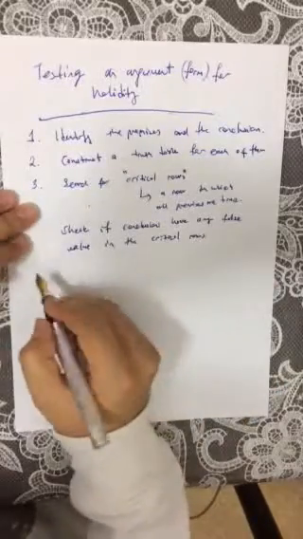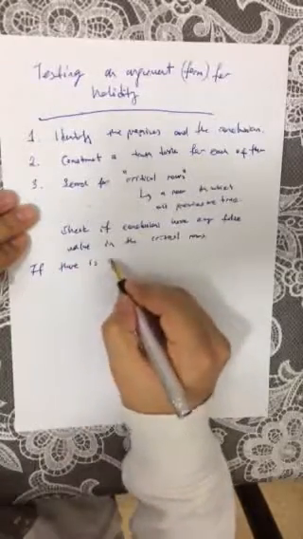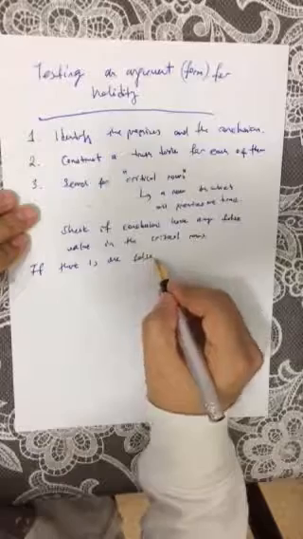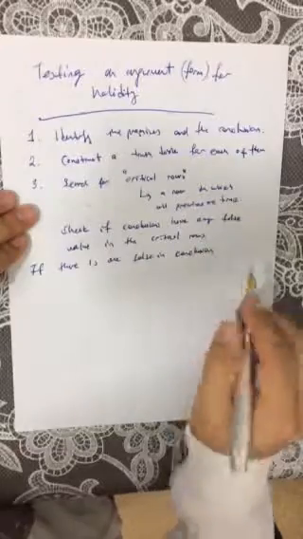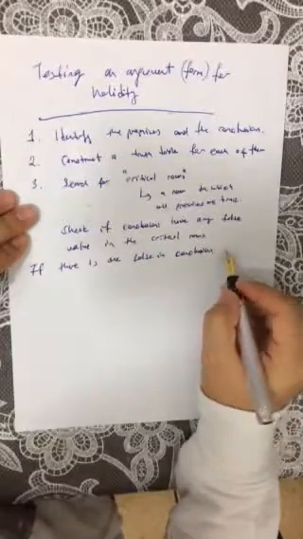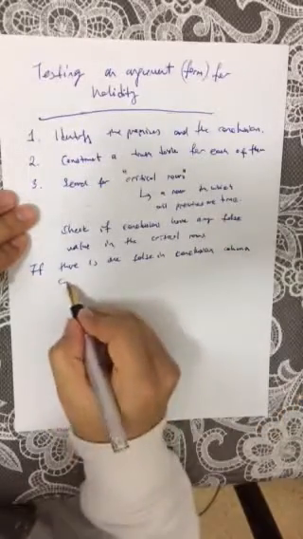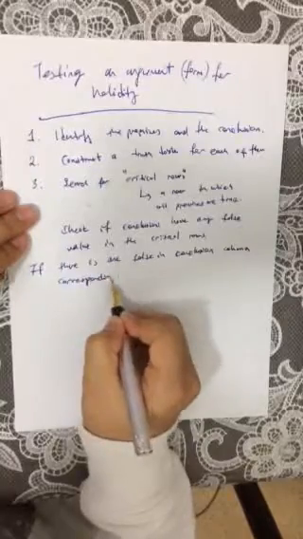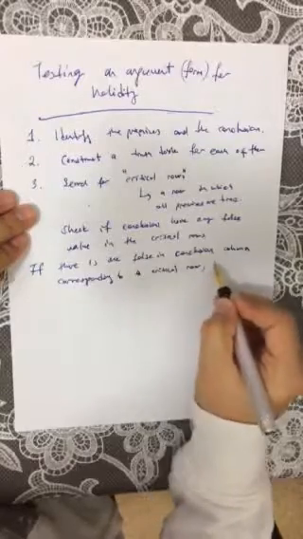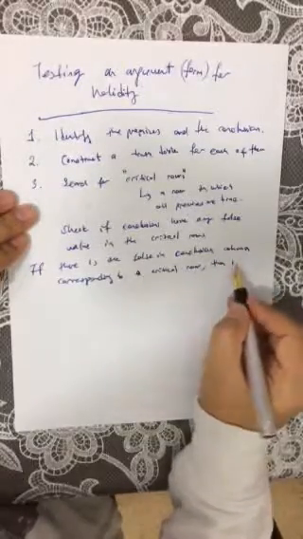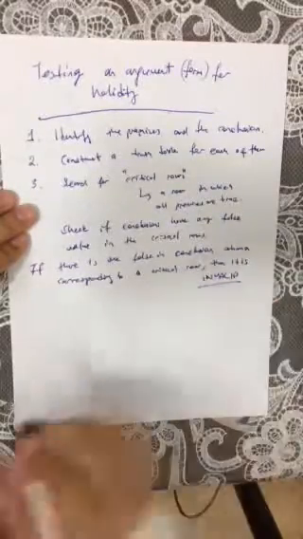If there is some false, if there is one false in the conclusion column corresponding to a critical row, then it is invalid.